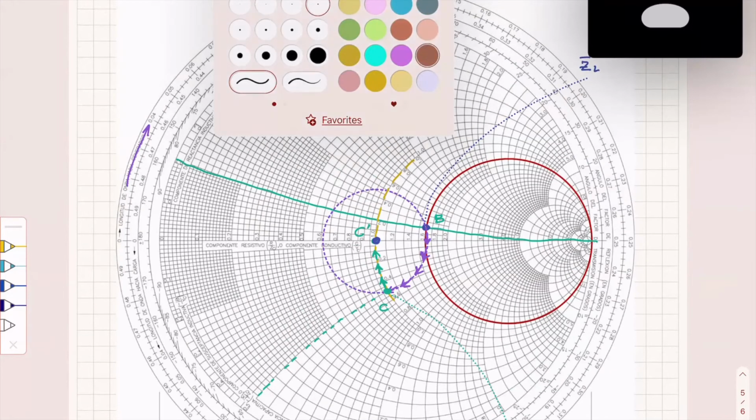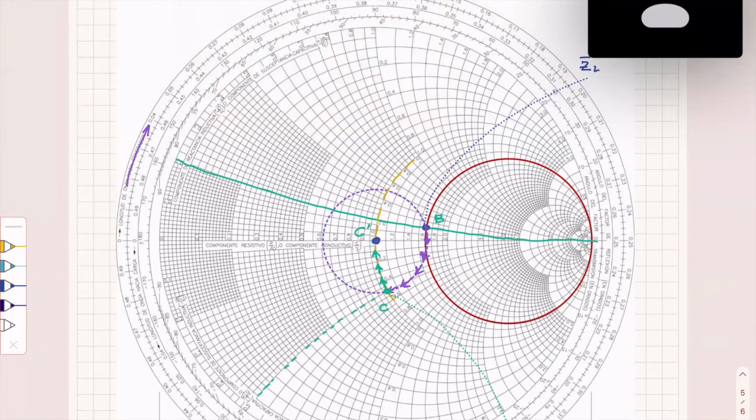To find the distance, I'm connecting C prime to this. And then I'm finding how much this number is here.